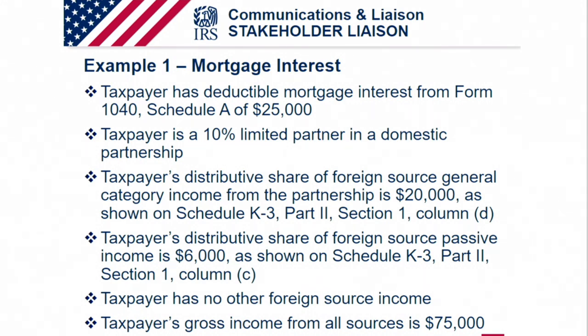Taxpayer's distributive share of foreign source general category income from the partnership is $20,000, and that is shown on the Schedule K-3, Part 2, Section 1, Column D. The taxpayer also has a distributive share of foreign source passive income of $6,000, which is shown on Schedule K-3, Part 2, Section 1, Column C. For this example, the taxpayer has no other foreign source income. And the taxpayer's gross income from all sources is $75,000.